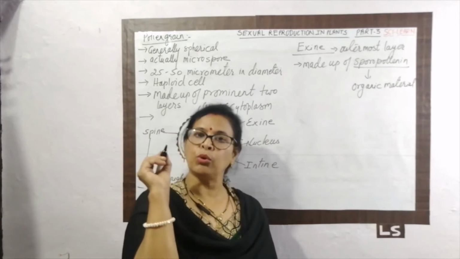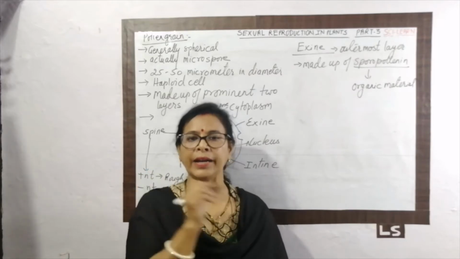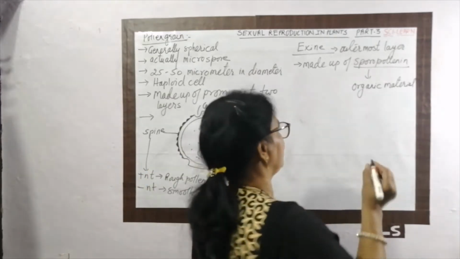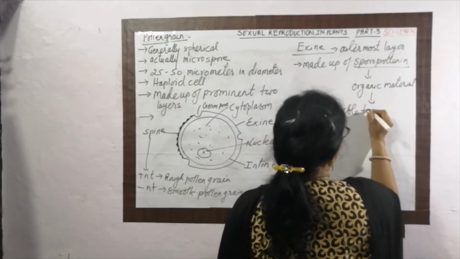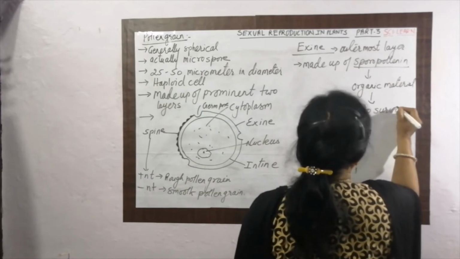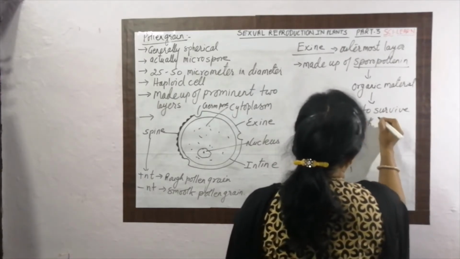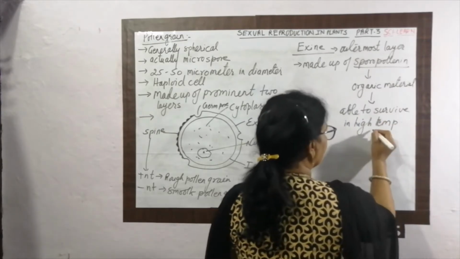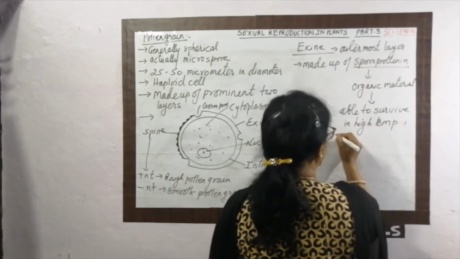This layer, the sporopollenin, withstands high temperature. It is able to survive in high temperature.